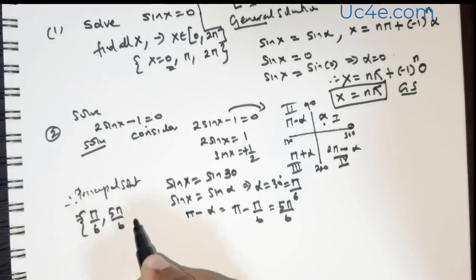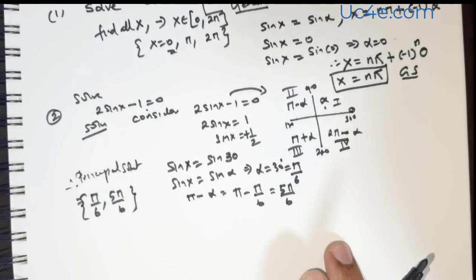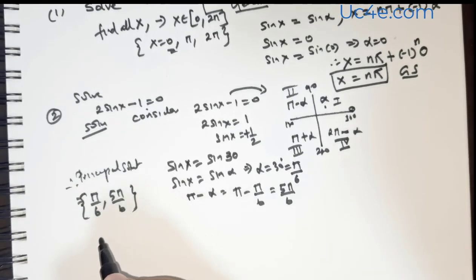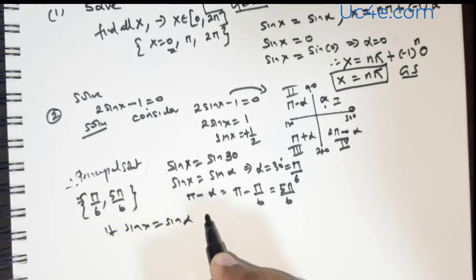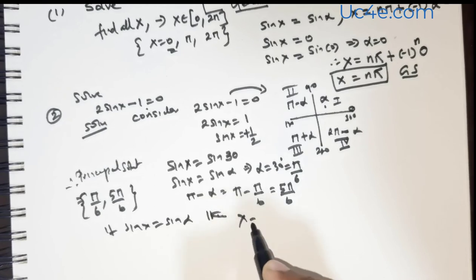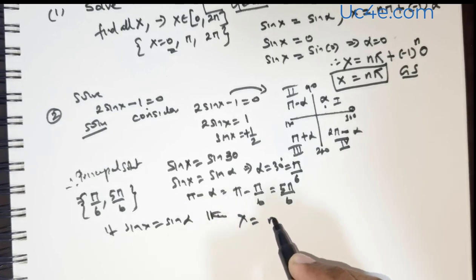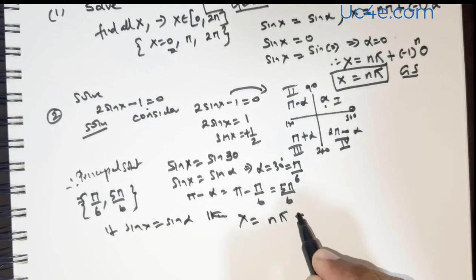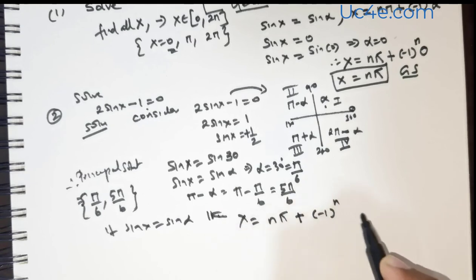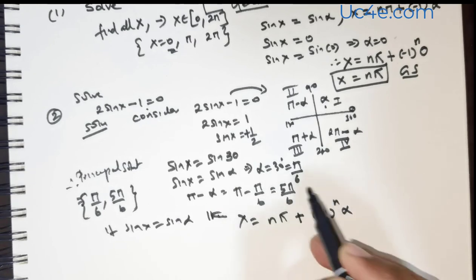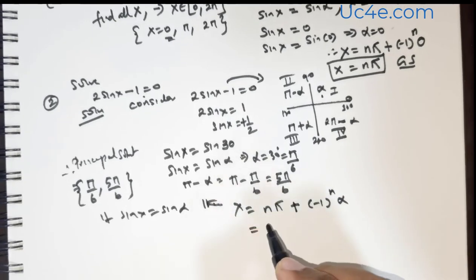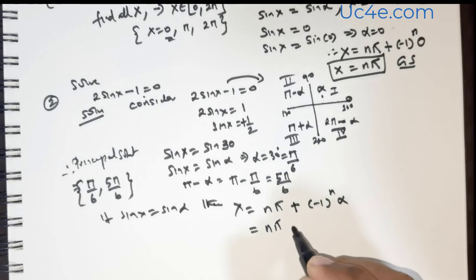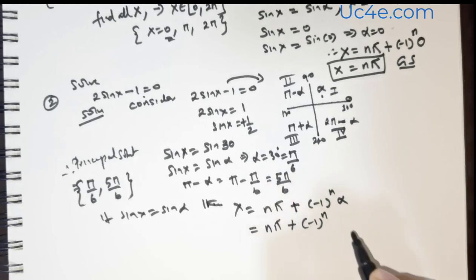So we can place them in parentheses, and now it's time for us to write the general solution. If sin x is equal to sin alpha, then x is equal to n times pi plus negative 1 raised to the power of n times alpha. Now my alpha is pi divided by 6, so x is equal to n times pi plus negative 1 raised to the power of n times pi over 6.